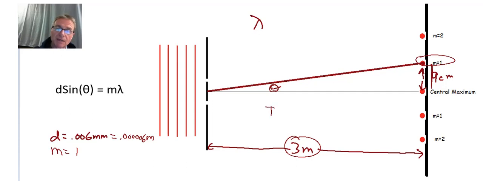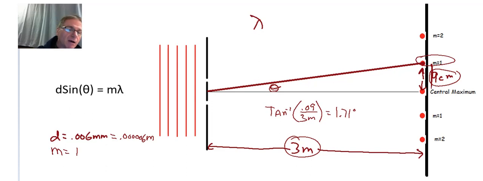So the inverse tangent of 0.09 meters divided by 3 meters, and remember that this is 9 centimeters over here, but we need to convert this to meters. And so when we do the conversion, the inverse tangent of 0.09 divided by 3 meters comes to be 1.71 degrees. So now we know theta is 1.71 degrees.